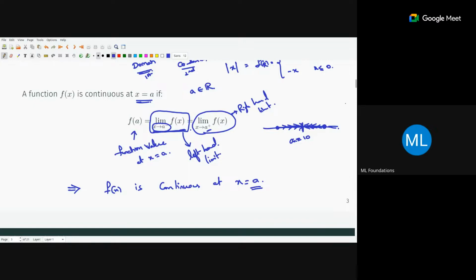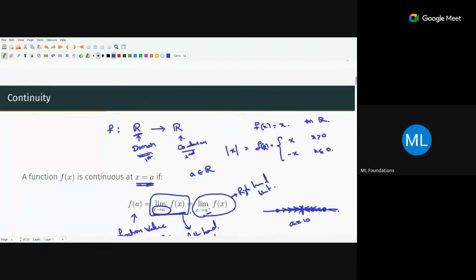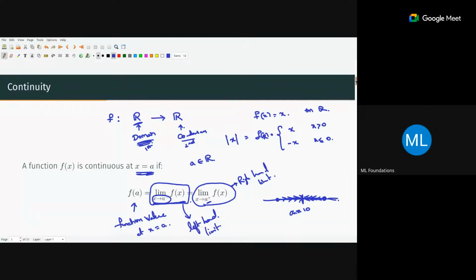And when do I say f of x is continuous? I don't want to talk about a single point. I just want to talk about the function as a whole. That can be done by checking each and every point present in the domain. If your domain is the set of reals, we have to check at every point that the function is continuous.